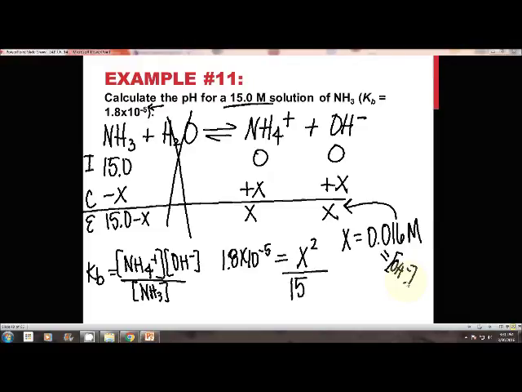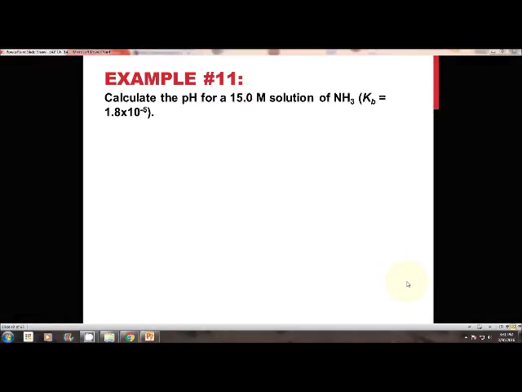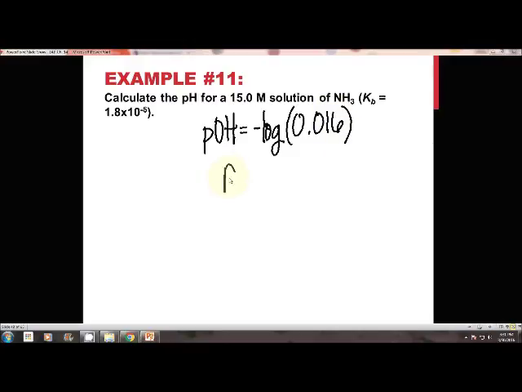Okay, so now we can use that to help us solve for the pH. What I like to do is the pOH first, so I'm going to take the negative log of my 0.016. So my pOH is 1.78.